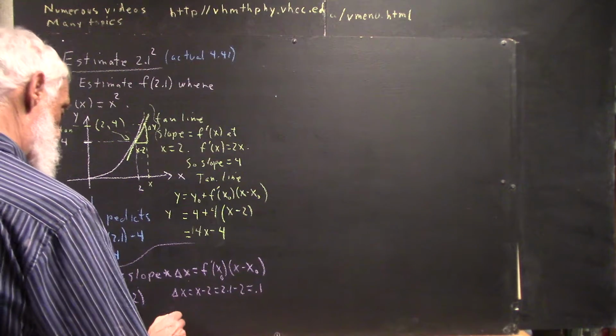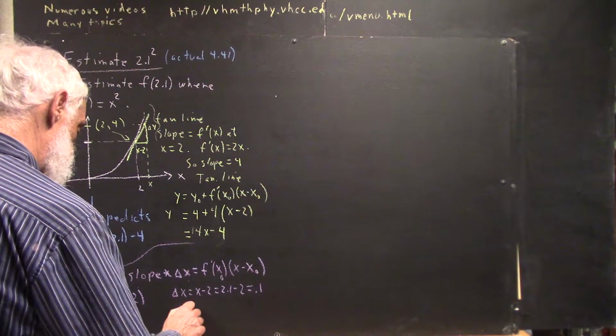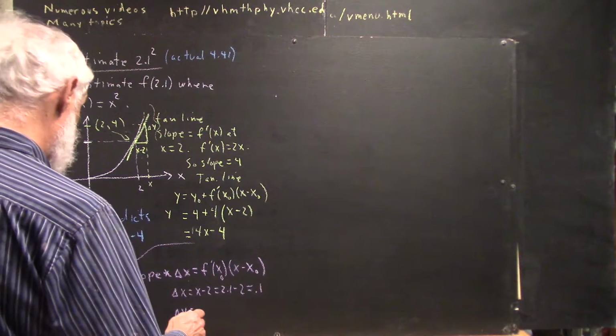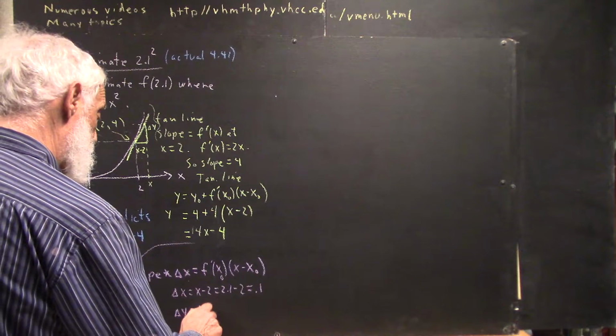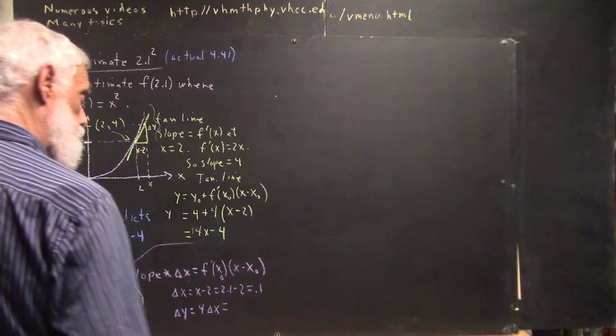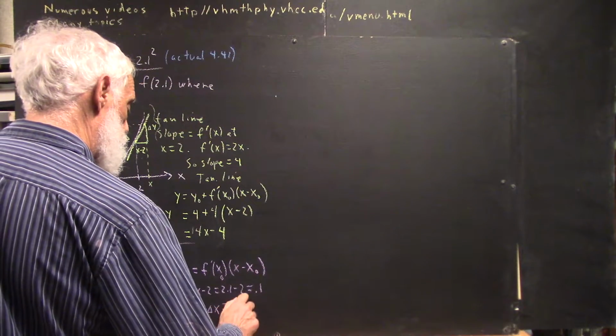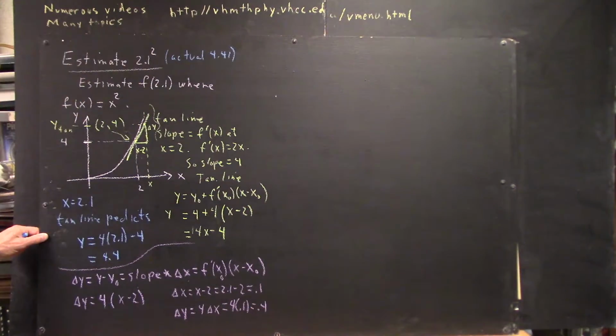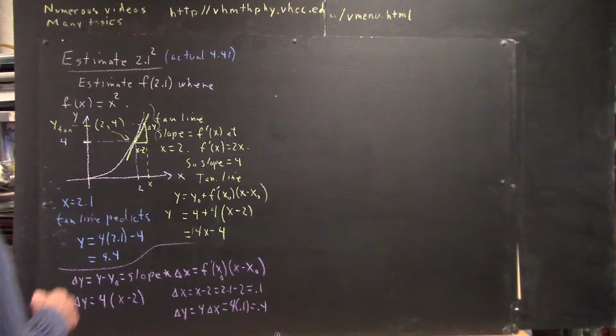So delta y equals what? Slope times delta x. Slope is 4. That's 4 times 0.1, which is 0.4. Tells us that delta y is 0.4.